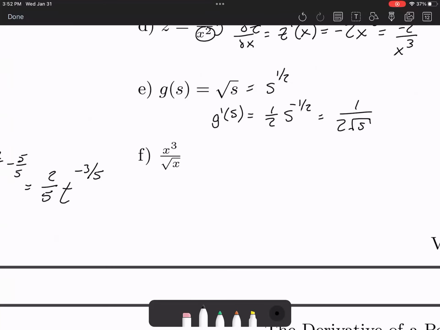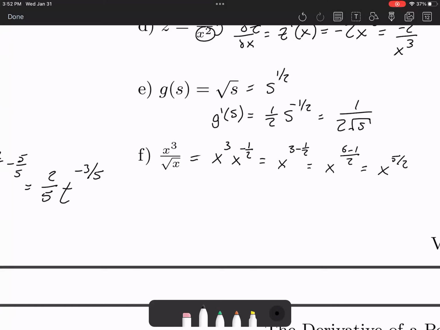Now f seems a little bit tricky, but we just have to rewrite it before we take the derivative. We have x cubed being multiplied by x to the minus 1/2. I should add their powers, so x to the 3 minus 1/2, which is x to the 6 minus 1 over 2, or x to the 5/2.